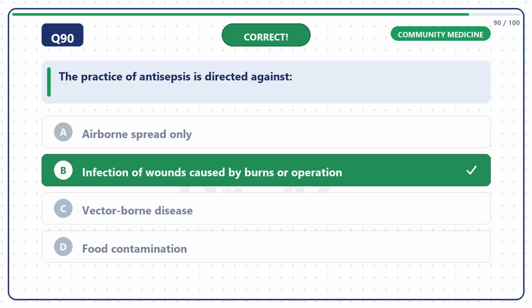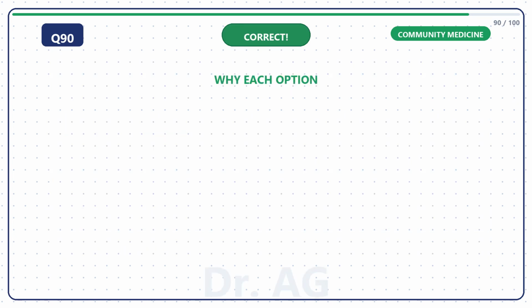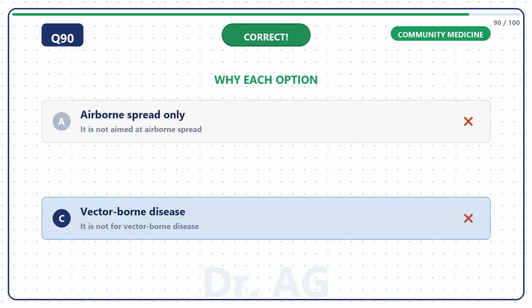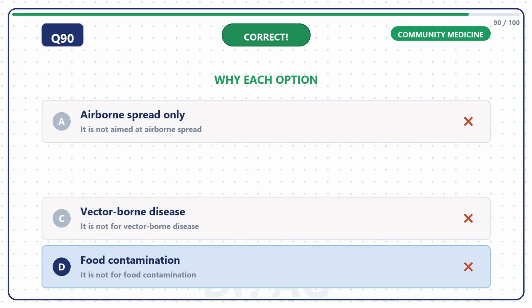The correct answer is option B. Infection of wounds caused by burns or operation. Let's go through the options. Airborne spread only. It is not aimed at airborne spread. Vector-borne disease. It is not for vector-borne disease. Food contamination.